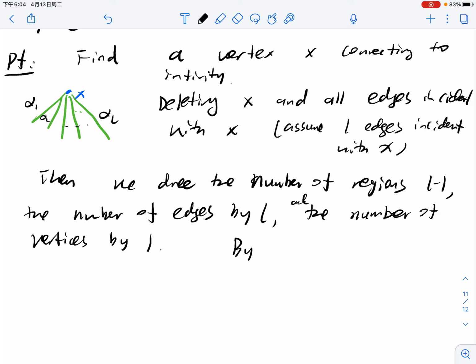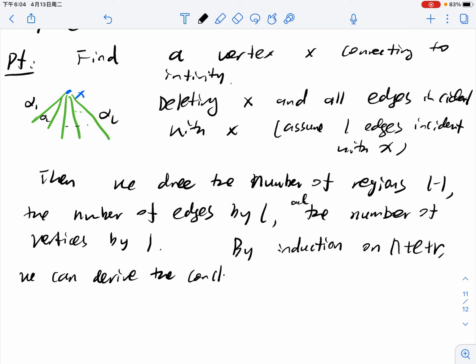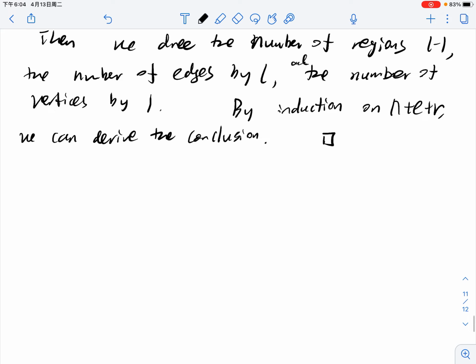And then by induction on n plus E plus R, we can derive the conclusion. Okay, so by this theorem, actually we can show that Kn is not planar when n is greater than or equal to 5.